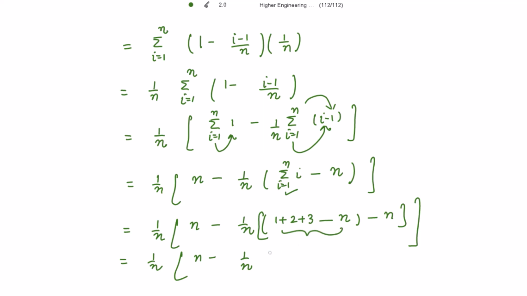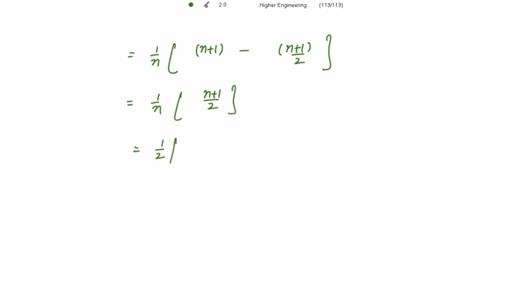The sum of the natural numbers is n into n plus 1 divided by 2, and then plus n divided by n, so this will be 1. This n cancels out with this, and we have 1 by n into n plus 1 minus n plus 1 divided by 2. That is n plus 1 divided by 2, or we can also write this as 1 by 2 into n plus 1 by n, which can be written as 1 by 2 into 1 plus 1 by n. So this is the upper Riemann sum.